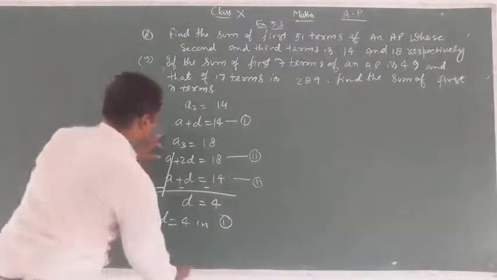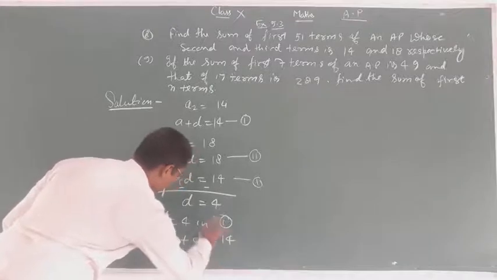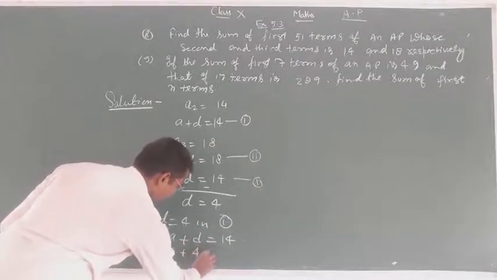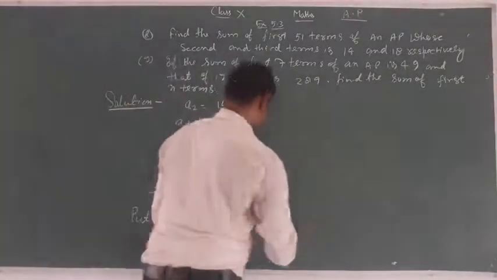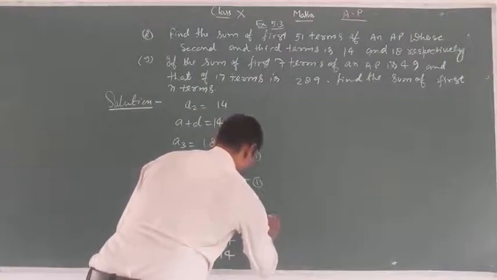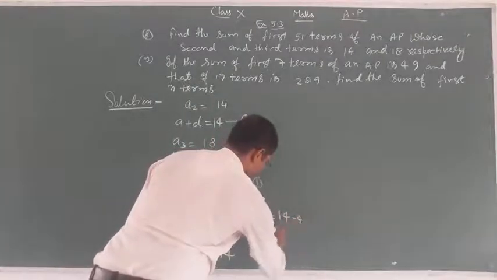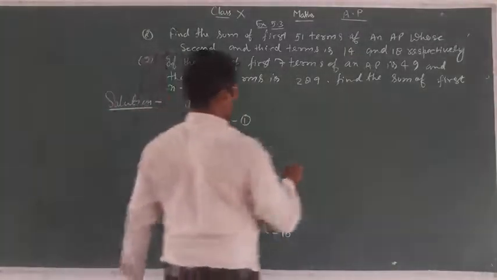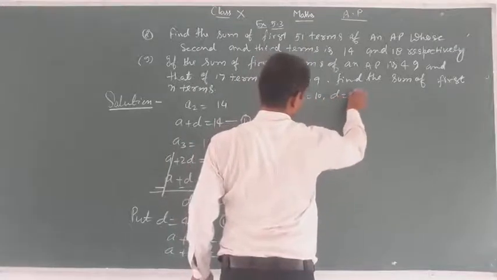So A plus D is equal to 14, and A plus 4 is equal to 14. Now A is equal to 14 minus 4, which is 10. So A is equal to 10 and D is equal to 4.